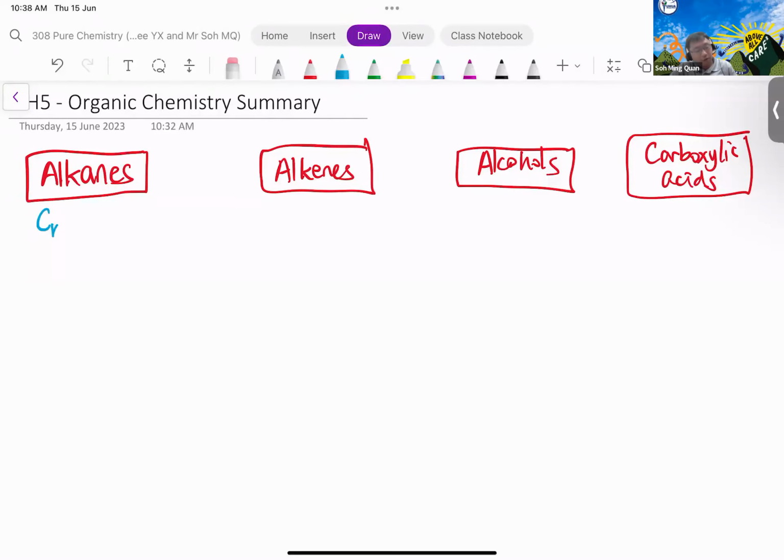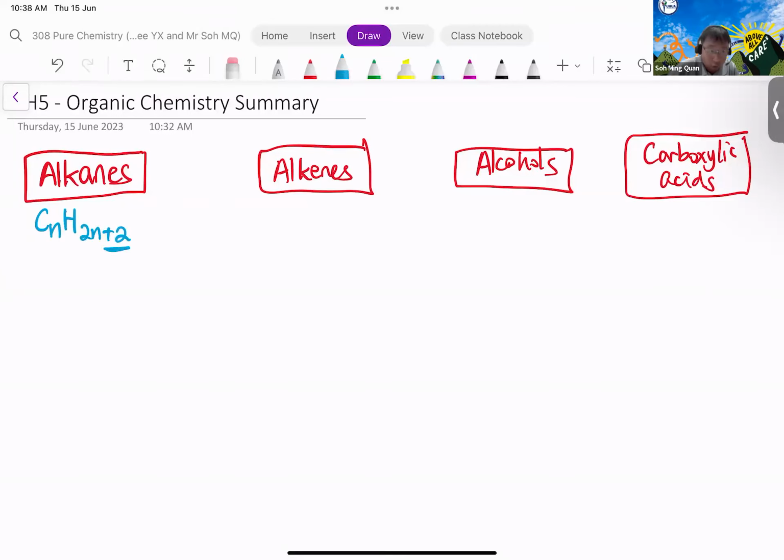So the general formula for alkanes, CnH2n plus 2. Okay, so alkanes have the 2n plus 2. Now for alkenes, the general formula is CnH2n. So one quick way to tell whether something is alkane or alkene is to look at the ratio between carbon and hydrogen atoms.